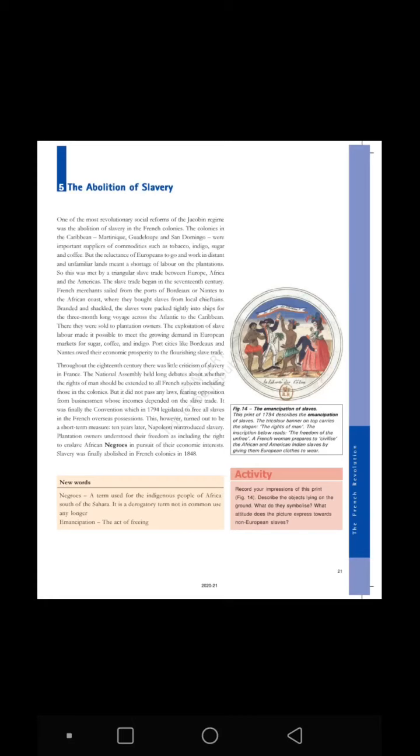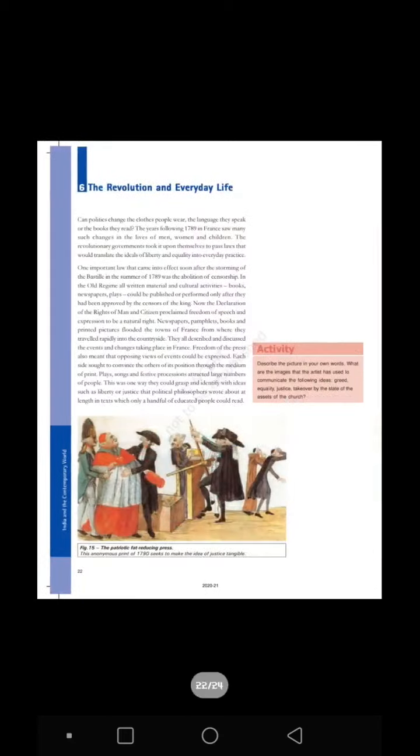It was finally the Convention which in 1794 legislated to free all slaves in the French overseas possessions. This, however, turned out to be a short-term measure. Ten years later, Napoleon reintroduced slavery. Plantation owners understood their freedom as including the right to enslave African Negroes in pursuit of their economic interest. Slavery was finally abolished in French colonies in 1848.